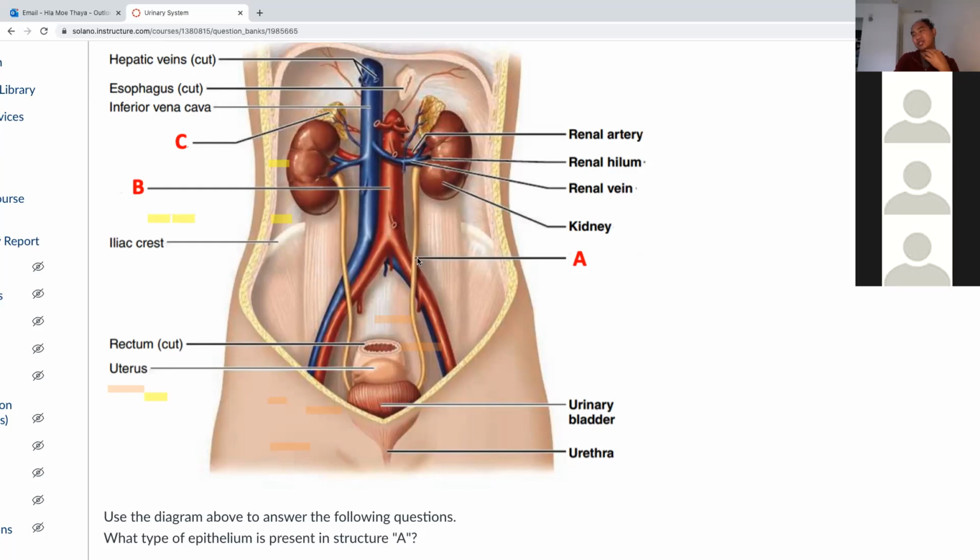Hey, what is structure A? Can somebody answer for me? Ureter, yes. What is structure B? Abdominal aorta. Brilliant. What is structure C?